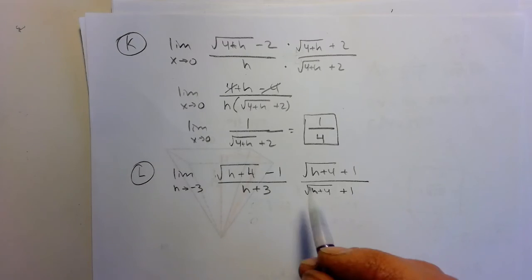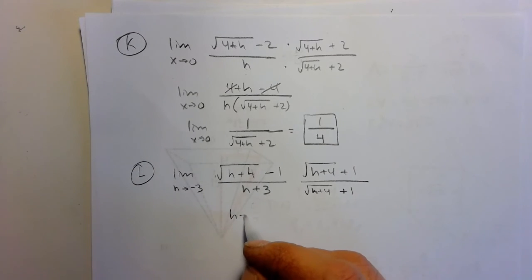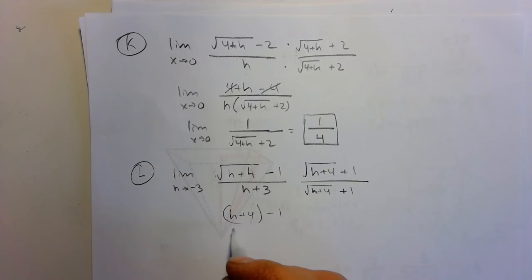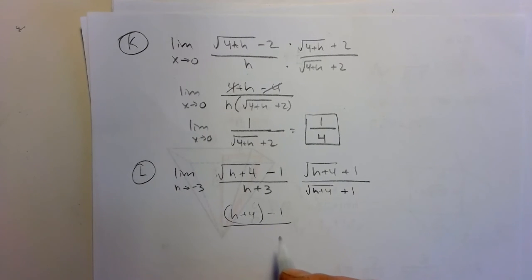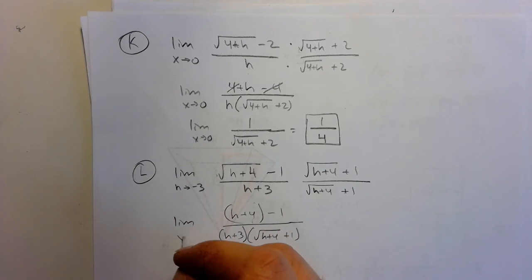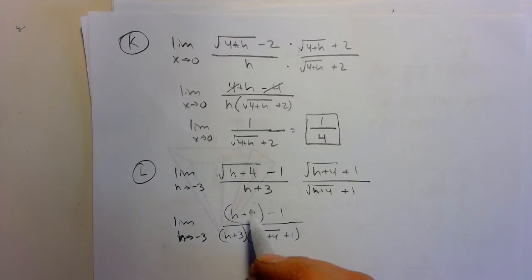So I multiply and I get h plus 4. Middle terms cancel because of the conjugates, minus 1 over, and I'm not going to distribute the whole denominator because if I did, it's not a conjugate, nothing's going to be nicer about it. So the top here is going to give me h plus 3.